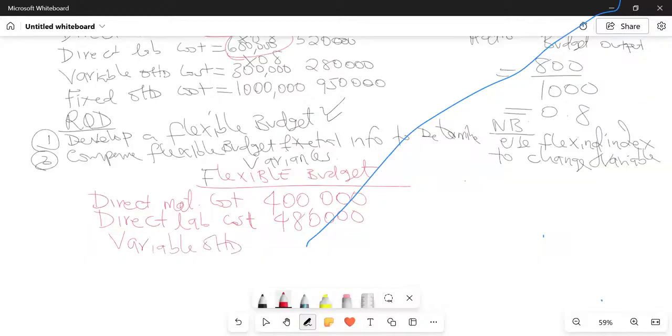We have 300,000 times 0.8, which gave you 240,000. Now, having gotten that, I would want us to go straight to the fixed overhead cost. Don't flex this.